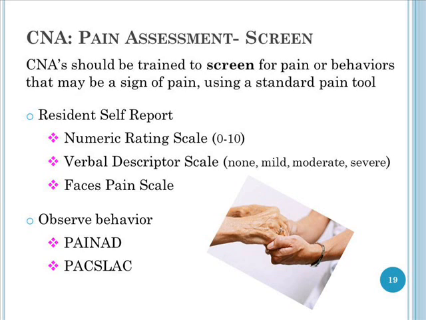And sometimes a faces pain scale, where the resident looks at the series of faces and picks the face that represents how they currently feel. And finally, observing behavior. There are a number of scales that have been developed, and there are 2 that we're going to share in a future module that seem to be very appropriate and recommended for use in the nursing home setting.